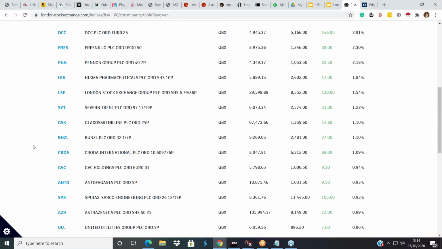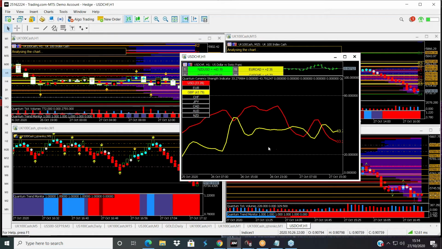So when you want to trade an index, I'm using the FTSE, first of all, see what the constituents are and what the weightings of those companies are. Do they derive most of their income from abroad in foreign currency? Because if they do, as they did back in 2017, then currency fluctuations are going to make a big difference to the bottom line, and to when the index is going to rise and fall.